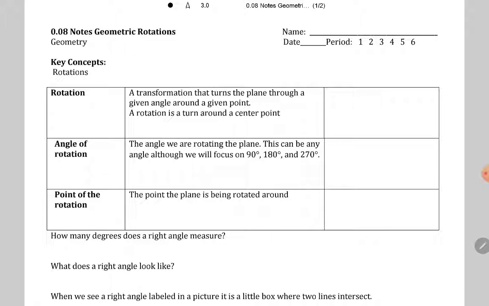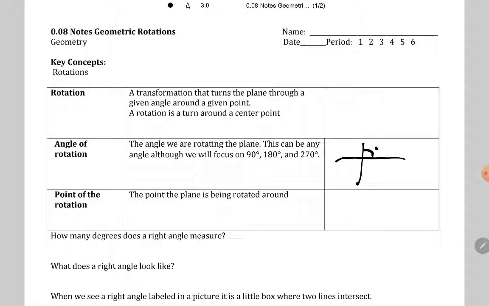Angle of rotation. We are rotating the plane. It's the angle that we're rotating the plane. This can be any angle, although we're going to just focus on 90, 180, and 270 degrees. Now, when we measure degrees, we count counterclockwise.